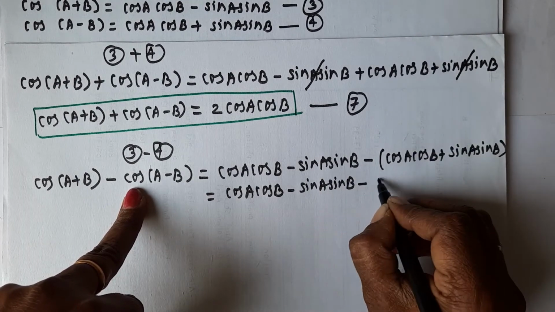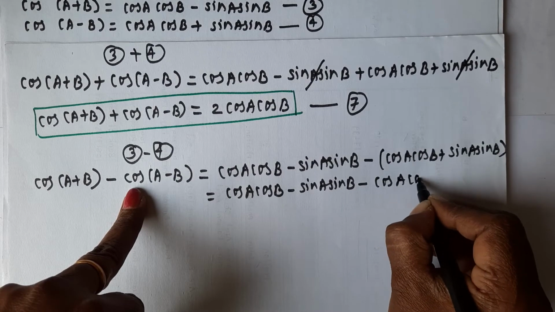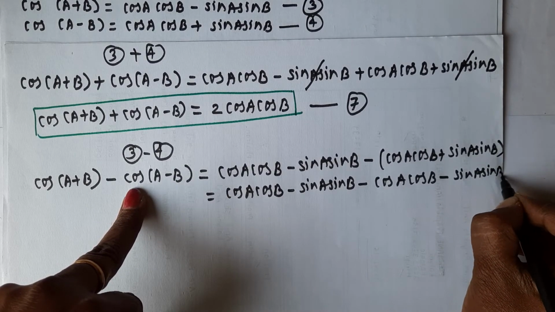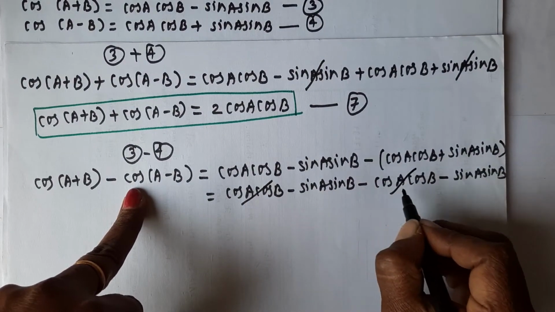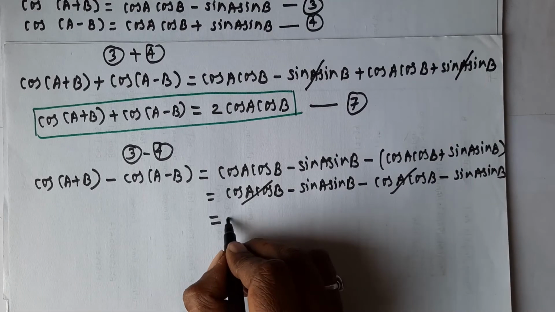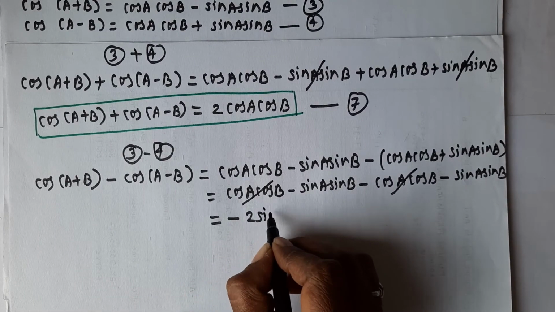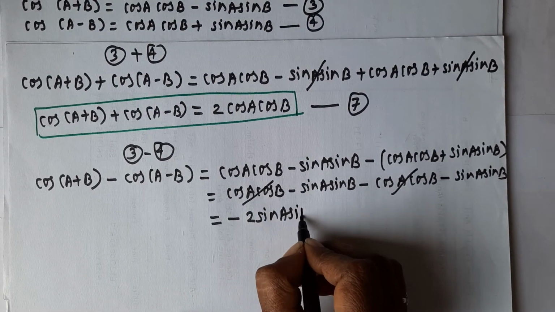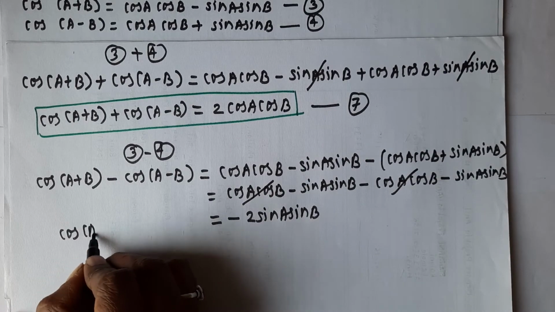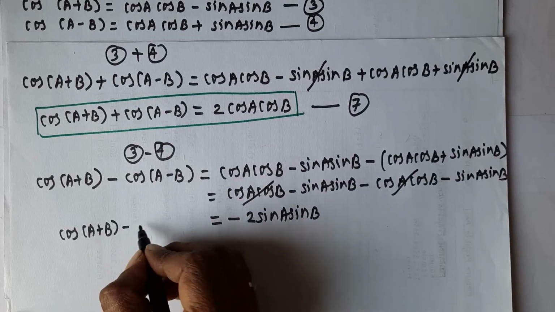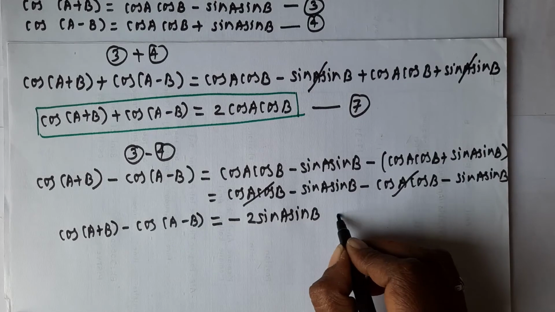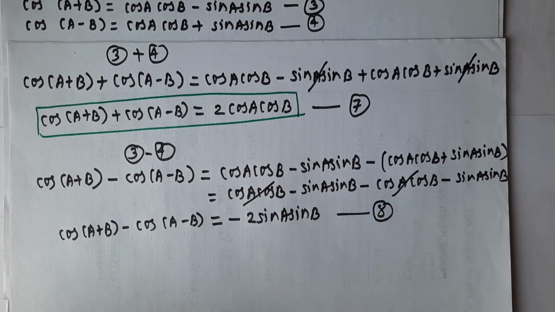Open the bracket, this will be minus cos A cos B minus sin A sin B. This plus cos A cos B and minus cos A cos B will get cancelled. This is minus sin A sin B minus sin A sin B, meaning minus 2 times sin A sin B. And write down the left hand side as it is, cos(A+B) minus cos(A-B), and treat this as the 8th formula.